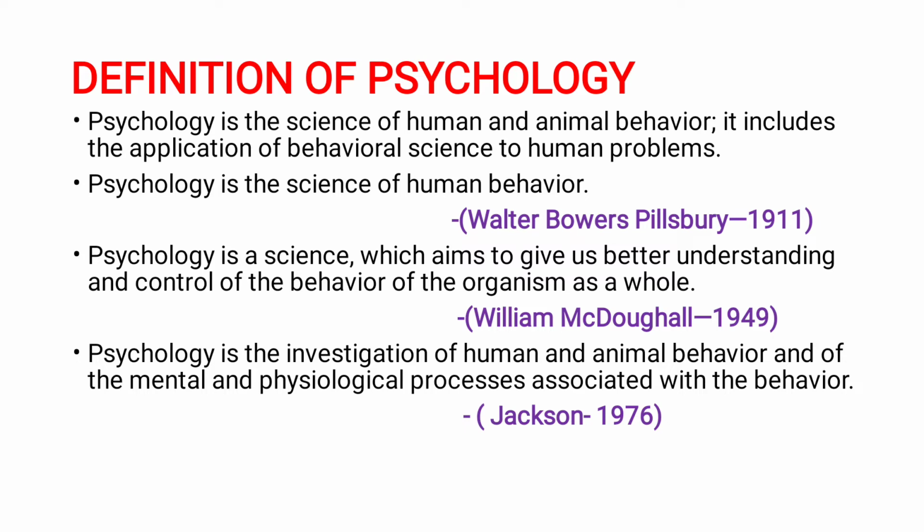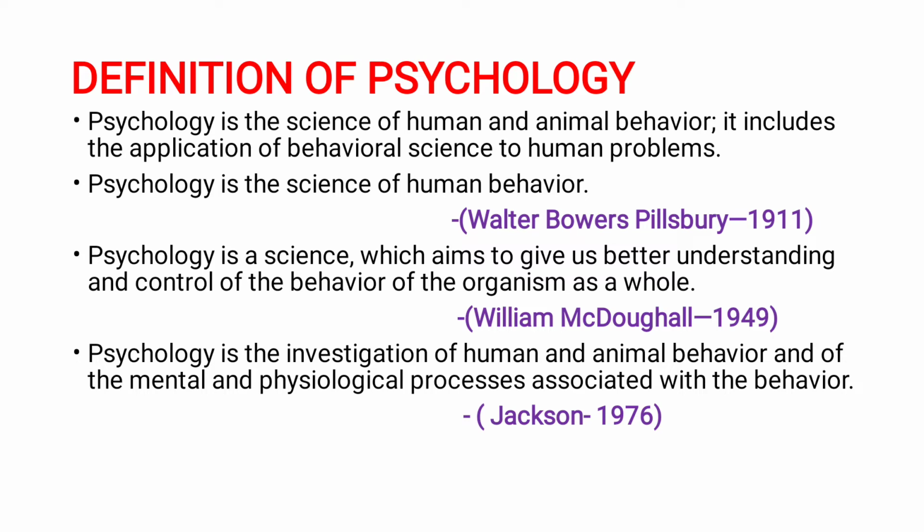So you are considering the organism as a whole and you are trying to understand the behavior of the person and how you can control the behavior. This definition was given by William McDougall.